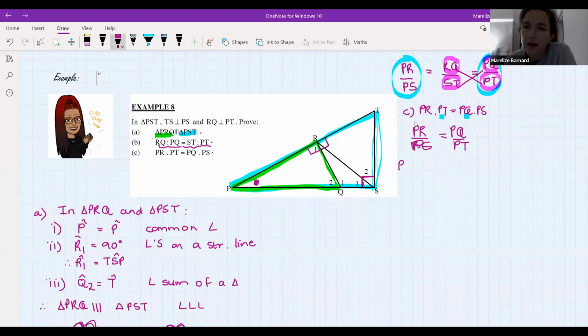Cross multiply PR with PT and PQ with PS. All right, and that's done. That's what we needed.